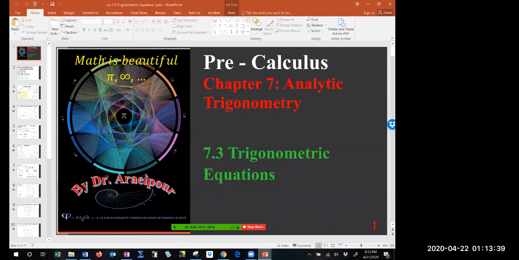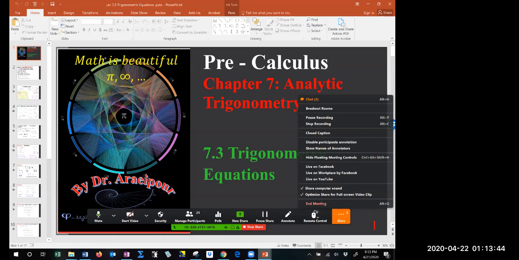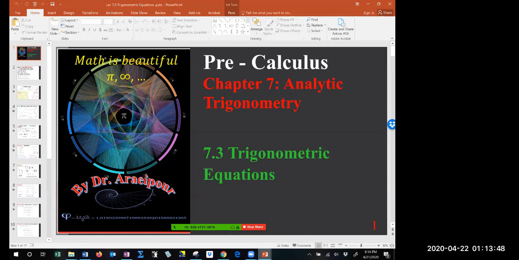We are looking at section 7.3, everybody. So now we are going to look at trigonometric equations.